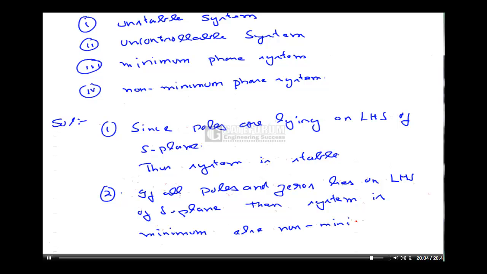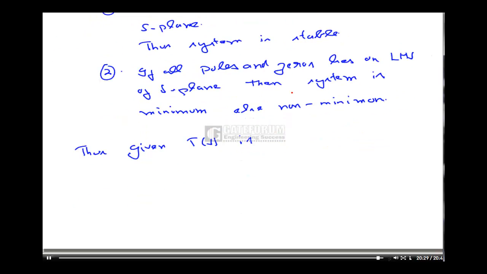Looking at the transfer function given in the question, the zero which is present is lying on the right hand side of the S plane, and both the poles are lying on the left hand side of the S plane. Thus all zeros and poles are not lying on the left hand side of the S plane. Thus the given transfer function is for a non-minimum phase system.